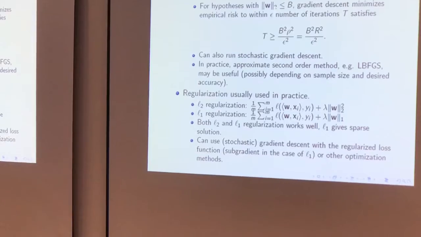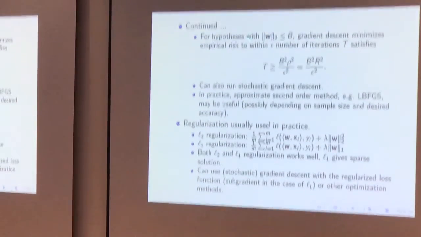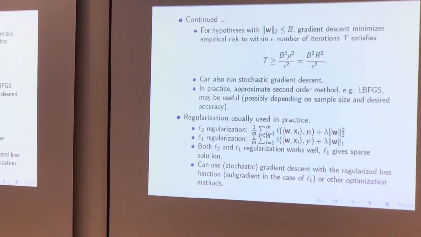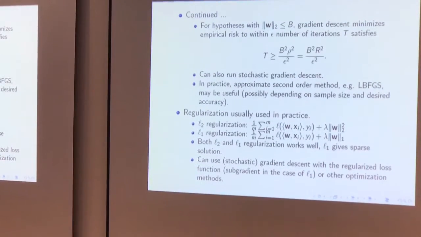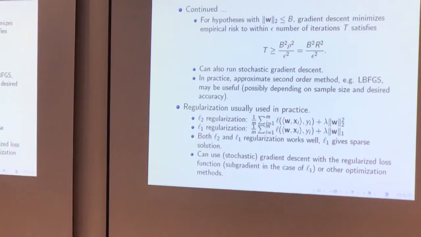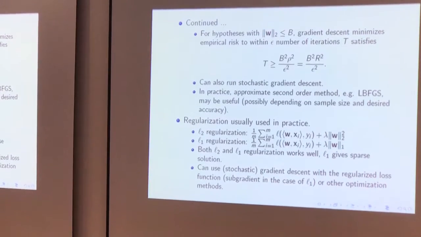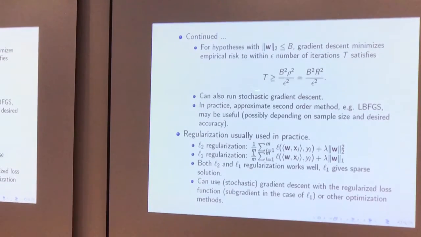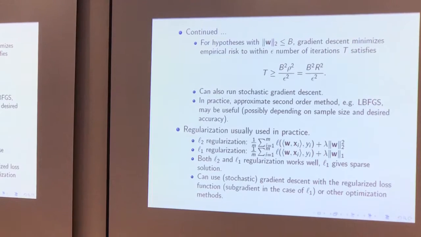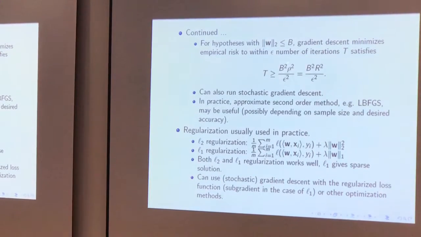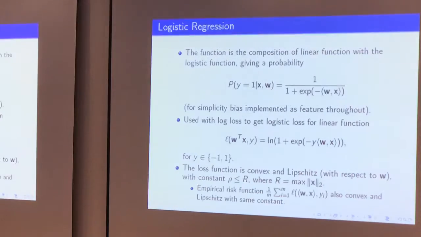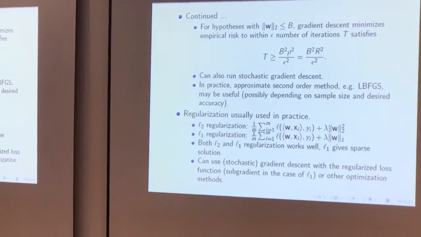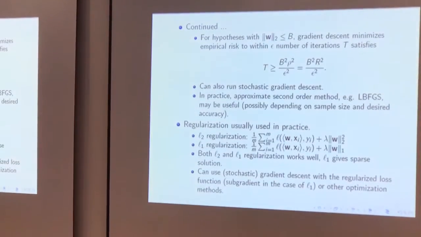If we do gradient descent and we assume that the weight vector is bounded, we can project back to this ball, if you want to keep it in this ball, or you want to compete with weight vectors within this ball, then this number of iterations is sufficient for gradient descent. So this is B squared rho squared, rho is this guy, and it's something like 1 over epsilon squared.